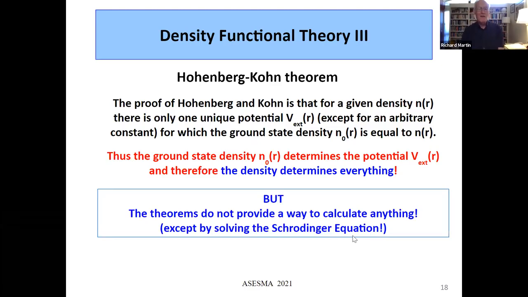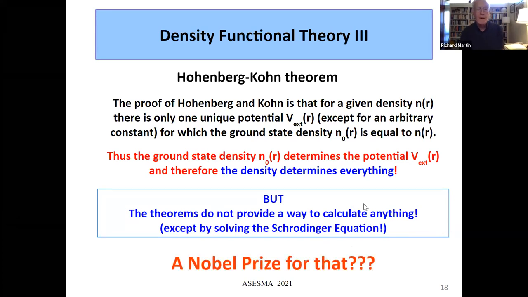But the theorems give you no hint as to how you could actually calculate anything except by solving the Schrodinger equation. We're just back to where we were in that sense. It has some elegant ideas behind it, but up to this point, nothing is given that tells you what you might do. Now, was that worth a Nobel Prize?